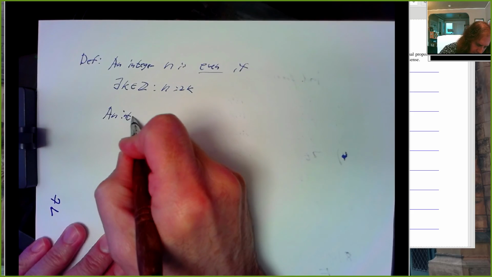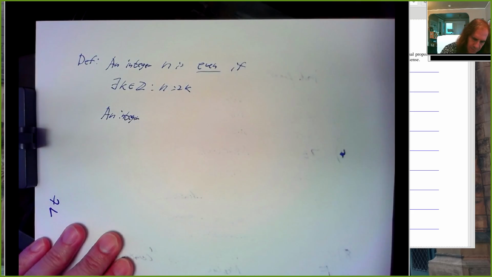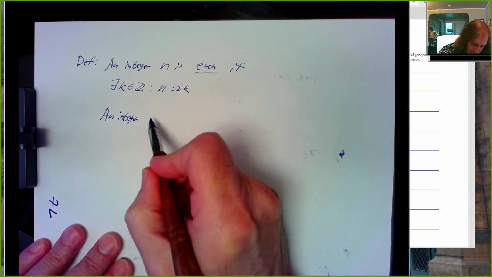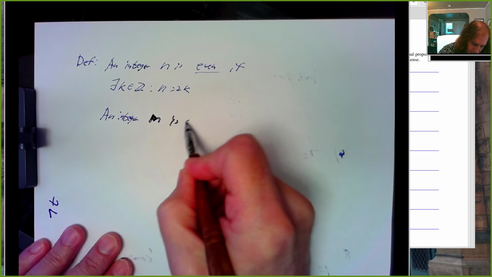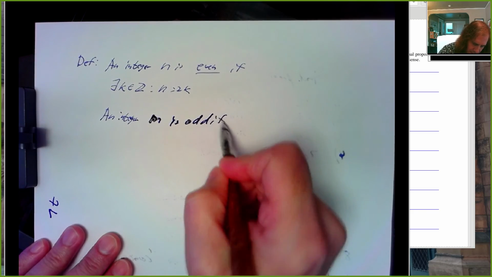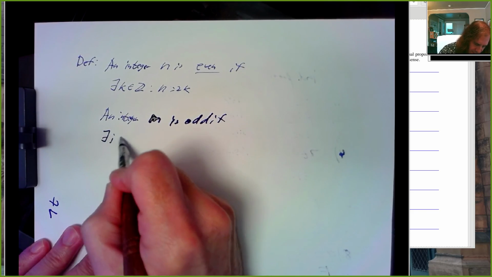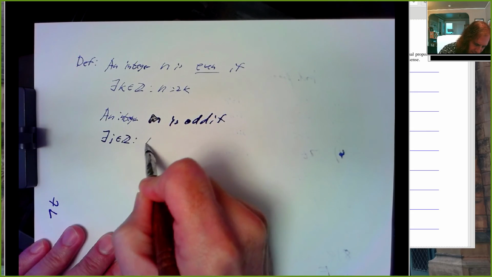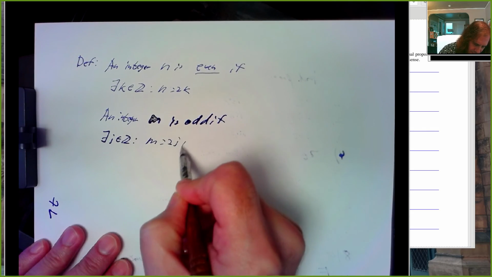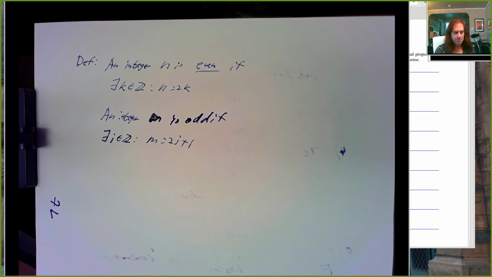An integer m is odd if there exists an integer j such that m equals 2 times j plus 1.